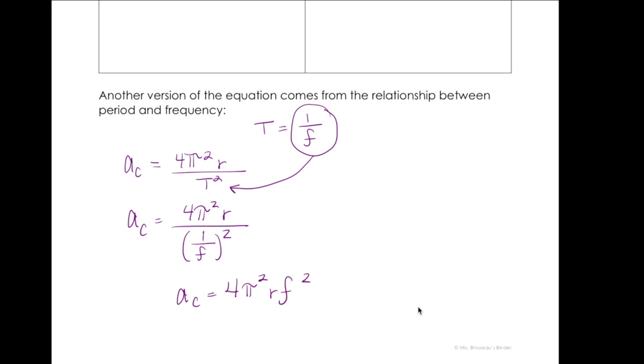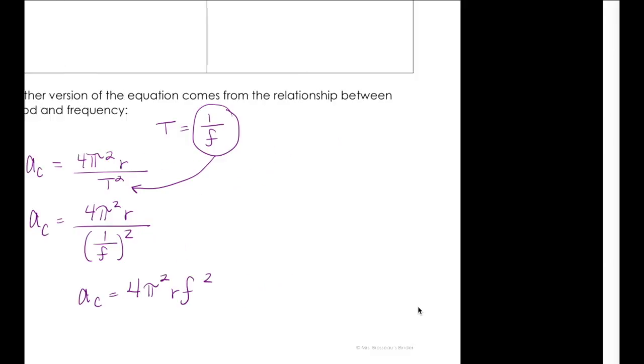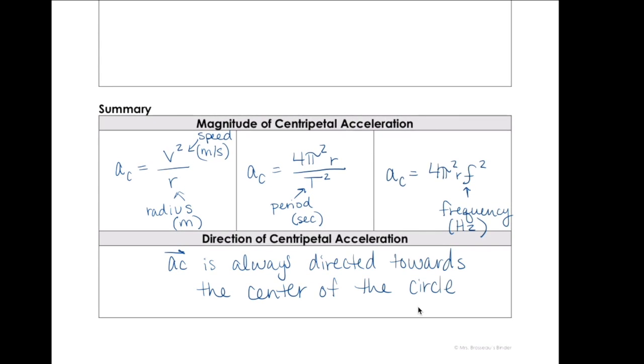Now, if you don't understand all of the different ways that I'm deriving these equations, it's not that big of a deal. I'm just showing you how you can manipulate the different equations to solve for different variables. But the key thing is that you just know how to use these three different equations, and when to use them. You would use each whenever you have two of the three different variables. For the first one, the three variables are centripetal acceleration, speed, and radius.